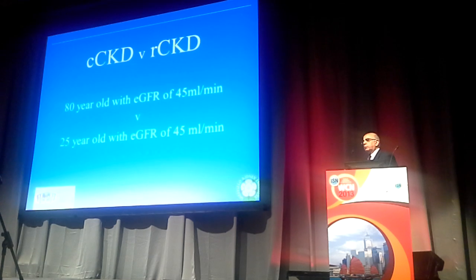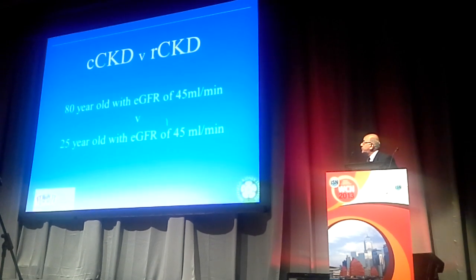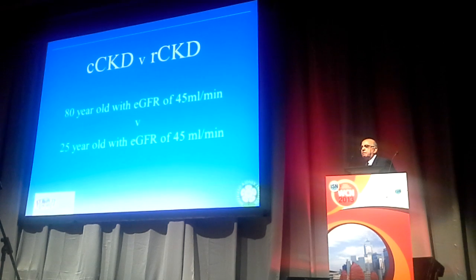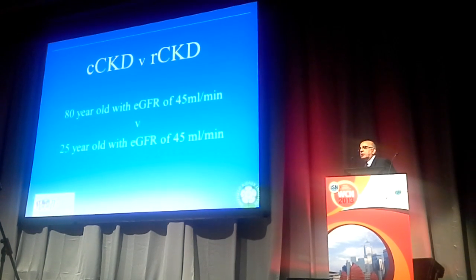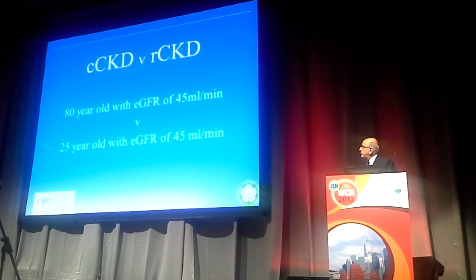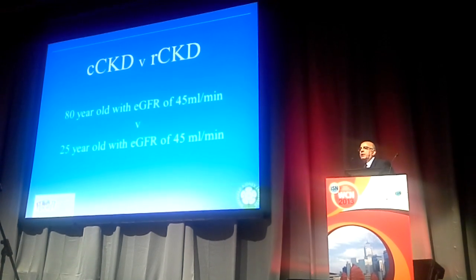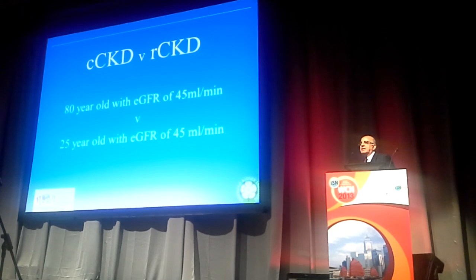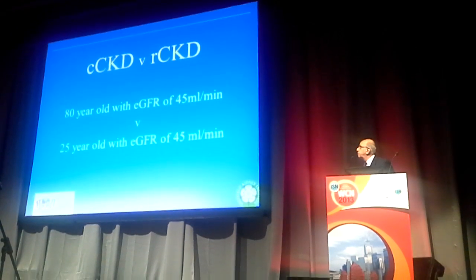Because it does matter when we look at prognosis. Are these two similar? An 80-year-old with an eGFR of 45: vascular aging, age-related decline in kidney function. A 25-year-old with the same GFR due to chronic glomerulonephritis. Can we classify them along the same rank or grade?